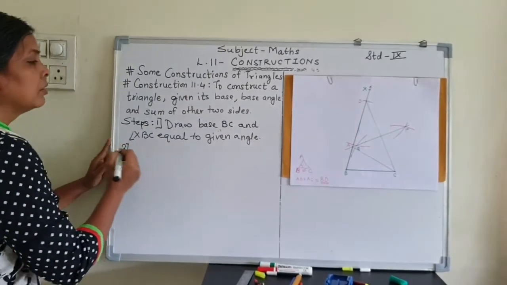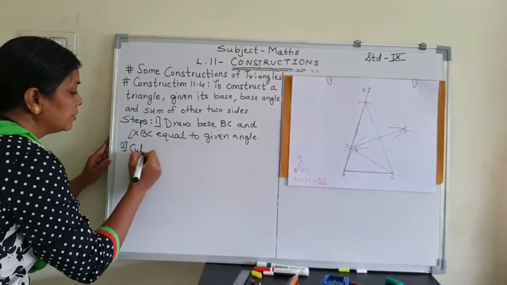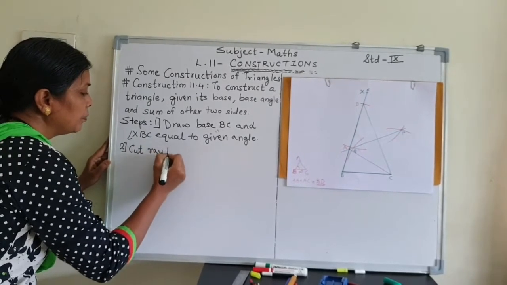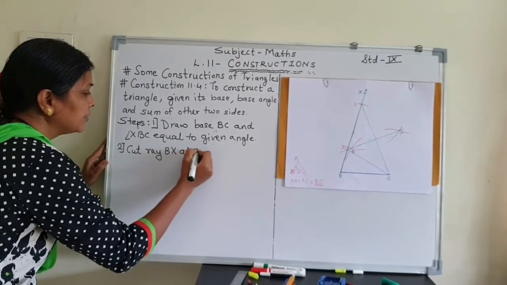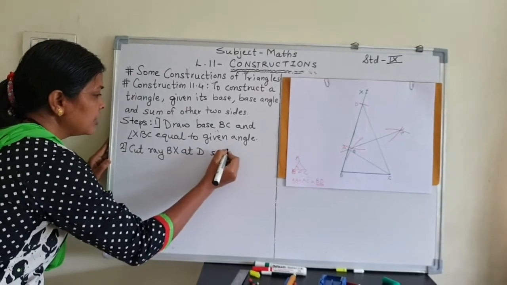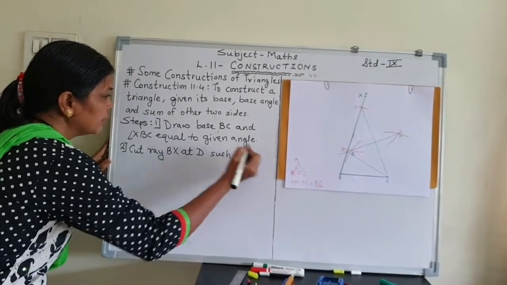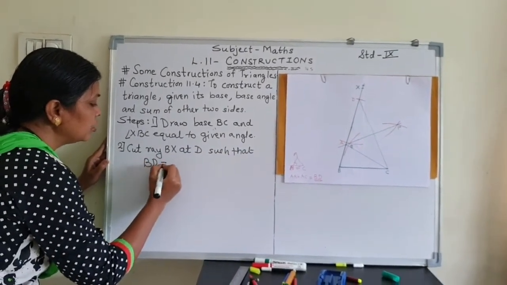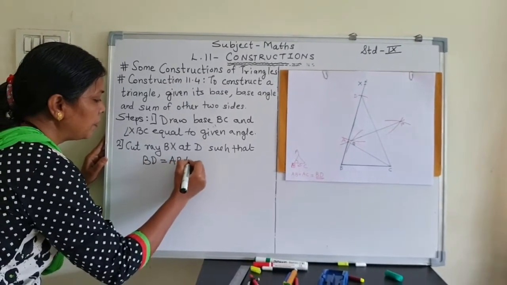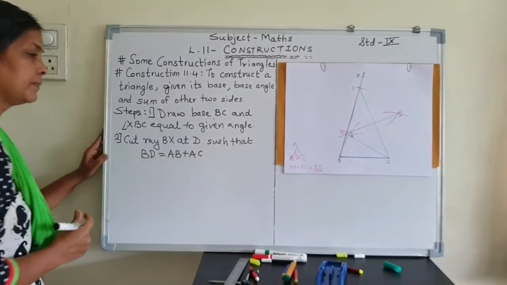Next, cut ray BX at D such that BD is equal to AB plus AC.